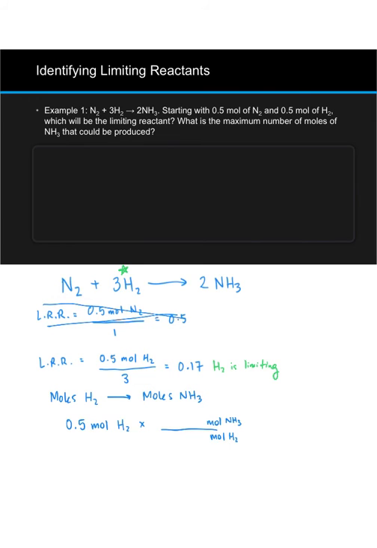Coefficient in front of ammonia is 2. In front of hydrogen is 3. The result of this calculation, keeping just one significant digit, is 0.3 moles worth of ammonia.